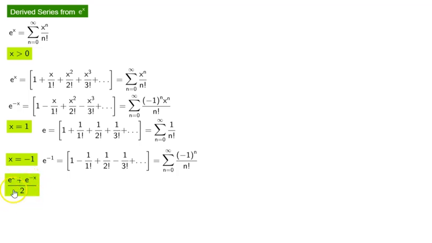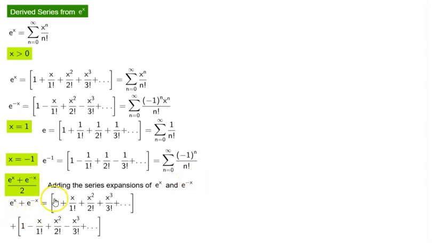So let's figure out what this series looks like. E to the power of x plus e to the power of minus x divided by 2. So adding the series expansions of e to the power of x and e to the power of minus x, we get the series of e to the power of x plus the series for e to the power of minus x. Now combining them, what happens? 1 plus 1 equal to 2, x by 1 factorial, they cancel out.